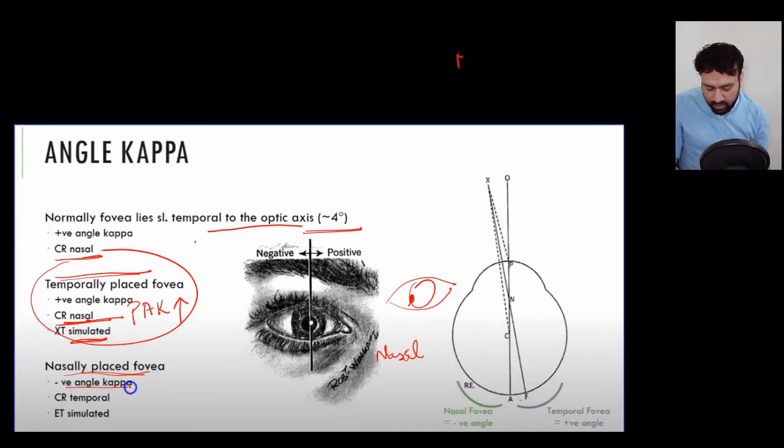So it's going to cause a negative angle kappa when the fovea is nasally dragged or the corneal reflex is temporally present, right? Now use your knowledge of the Hirschberg test. If the corneal reflex comes temporally, that means the eye has deviated inwards. So that's an esotropia, right? When the eye deviates nasally, the corneal reflex is seen on the temporal side of the pupil or the cornea, correct? So that simulates an esotropia.